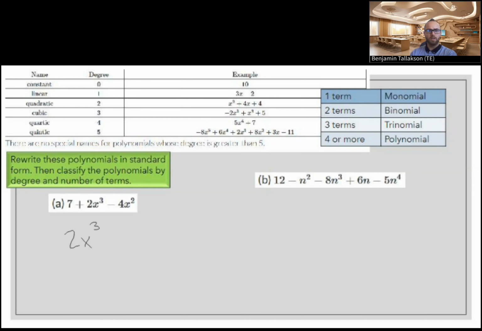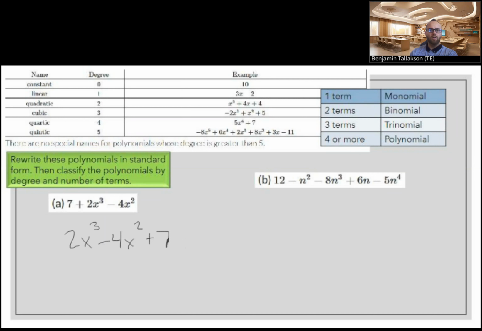So 3, 2, 1. Or 0, actually. And that's interesting, right? Notice this could be written as 7x to the 0. You don't need to write it like that, but just know that can be written as such. But notice we can skip numbers, right? 3, 2, 0. You don't need a 1 there. You don't always need that.